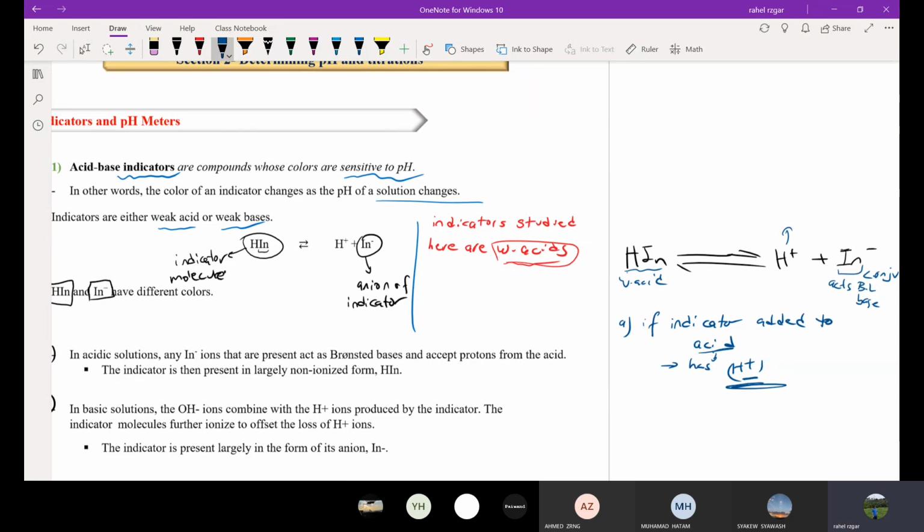Reverse. That's why in an acidic solution, if this solution is put into another acidic solution, the direction of the shift will be reversed and more HIN will be produced. See?